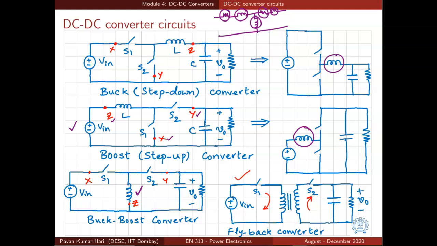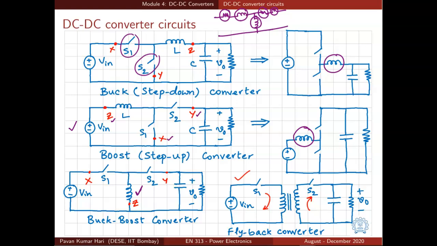And how do we decide which switch is going to be fully controlled and which switch can be an uncontrolled switch like a diode? Let us consider a circuit of buck converter. S1 and S2, there are two switches. We want to know what we can replace them with, because ultimately it has to be MOSFET, IGBT or a diode. So this choice again will boil down to looking at the voltage blocking capabilities and current carrying capabilities.